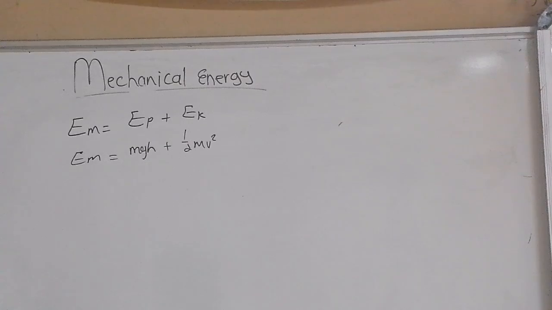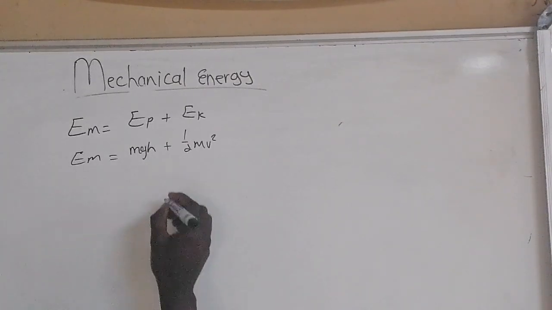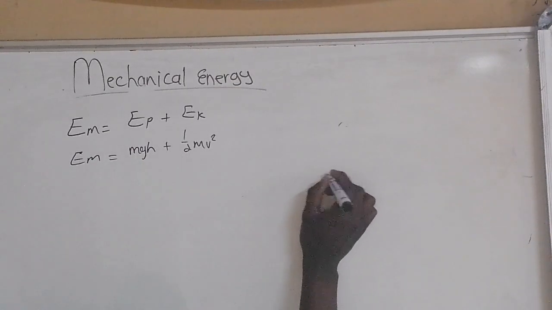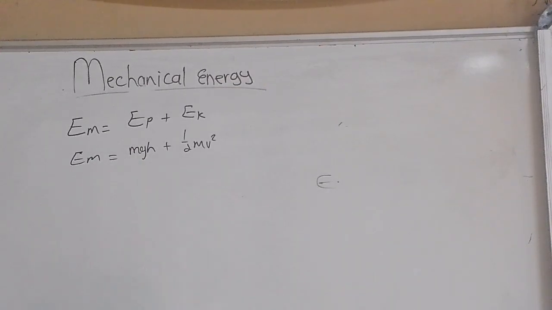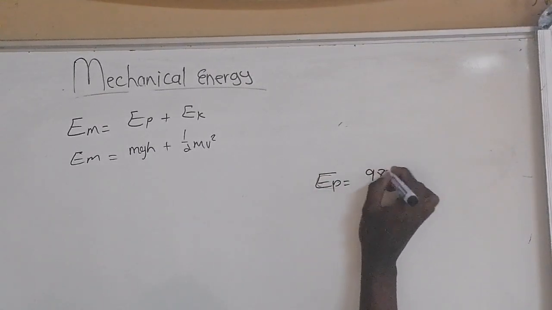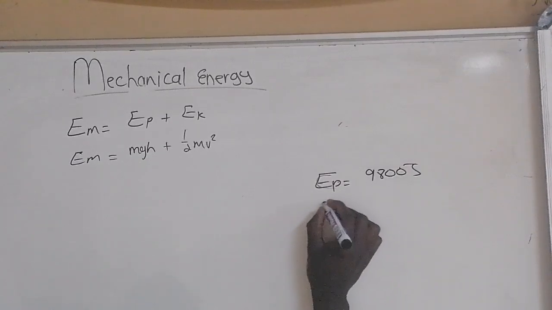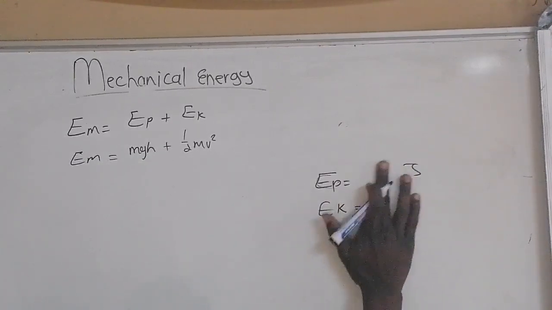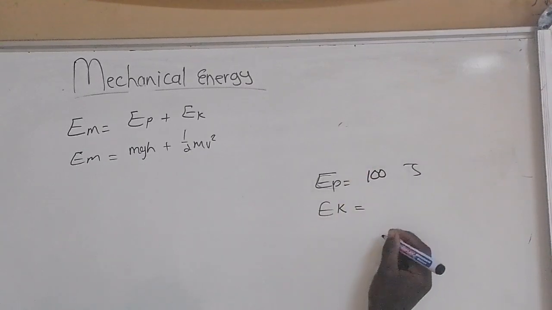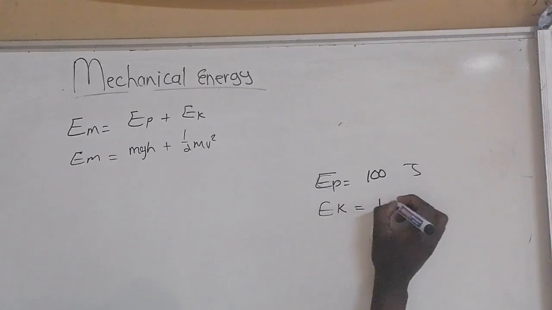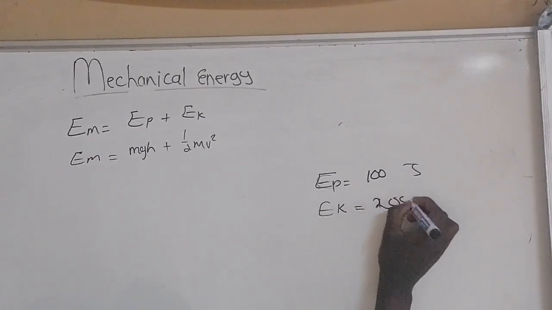So if they ask you to calculate mechanical energy, for an example, let me say you are given EP as 100 joules and you are given EK as 200 joules.